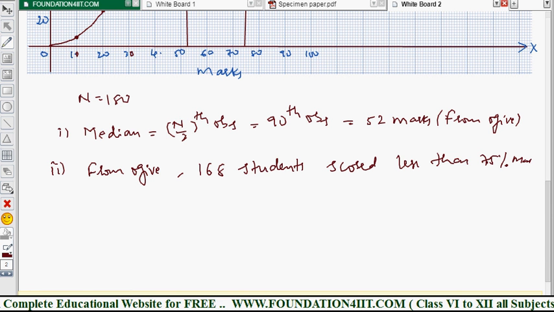But according to the question, how many students are more than 75? The remaining students. Total students are 180. 180 minus 168 is 12. Therefore, 12 students scored more than 75% marks.